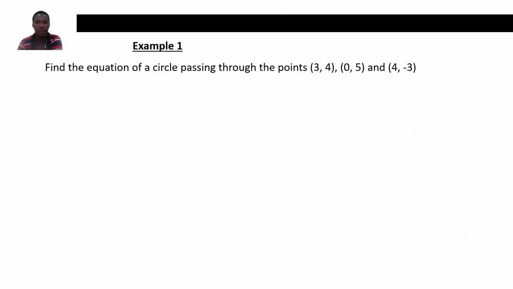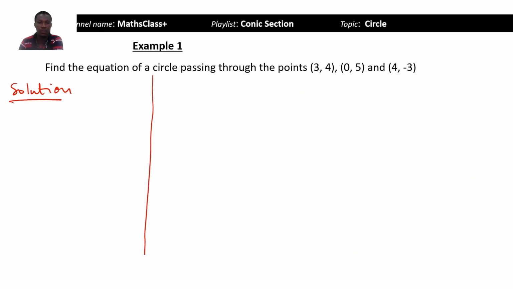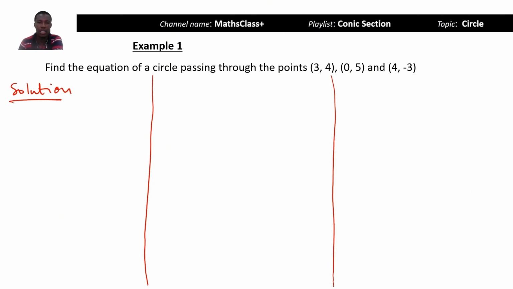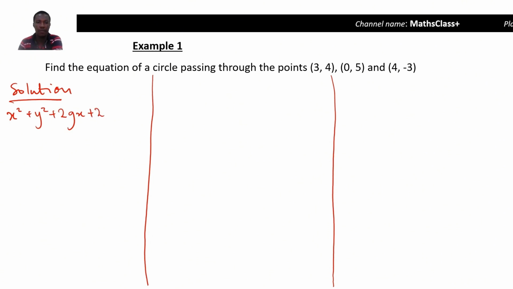Example 1. Find the equation of a circle passing through the points (3, 4), (0, 5), and (4, -3). Okay, so solution. Now let's employ the first method. So we have the general equation as x squared plus y squared plus 2gx plus 2fy plus c is equal to 0.